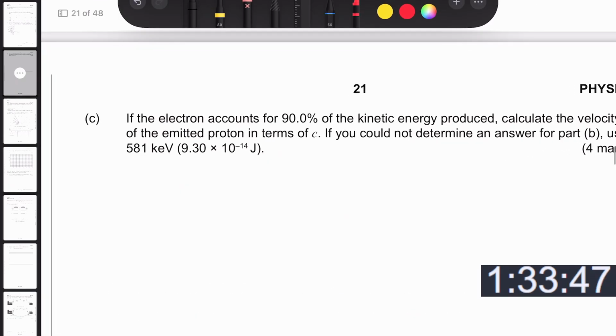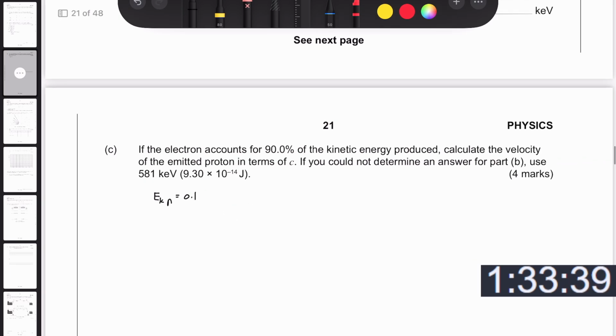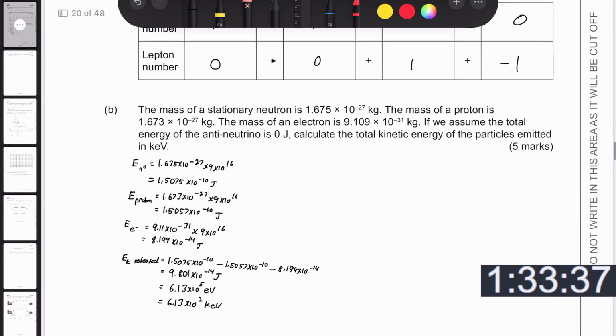Okay, so then here the proton is going to be 0.1 of the kinetic energy produced.